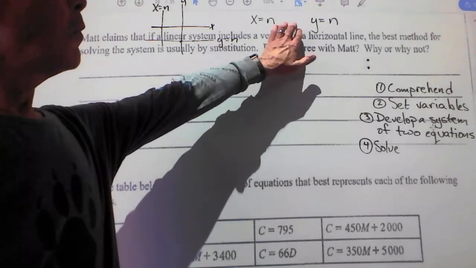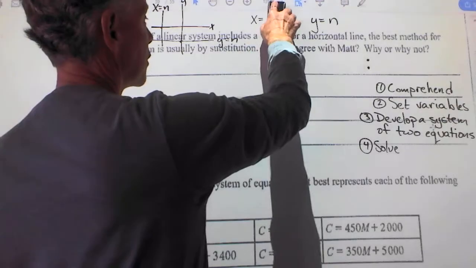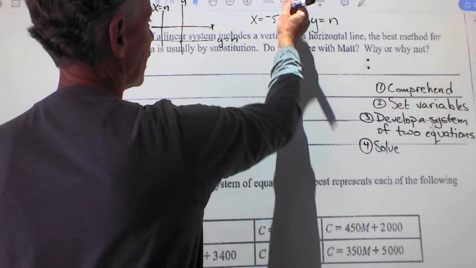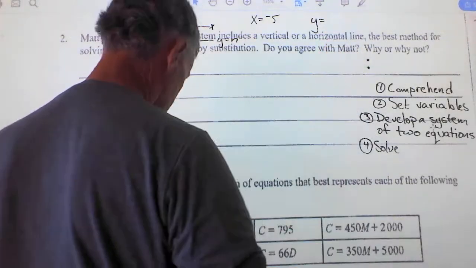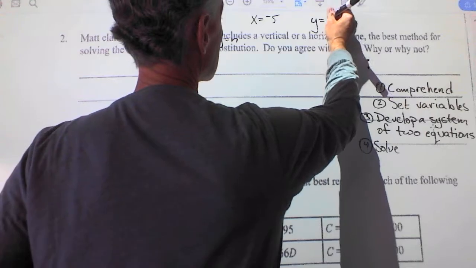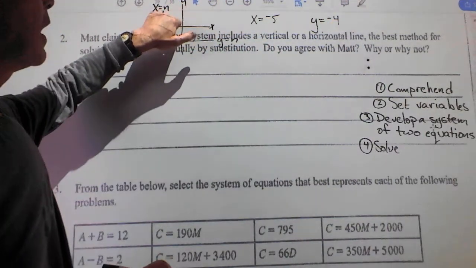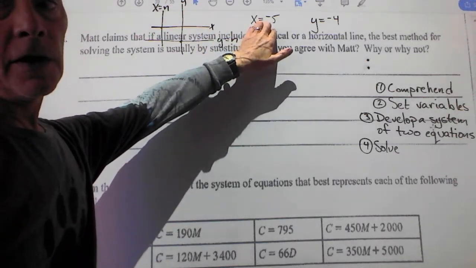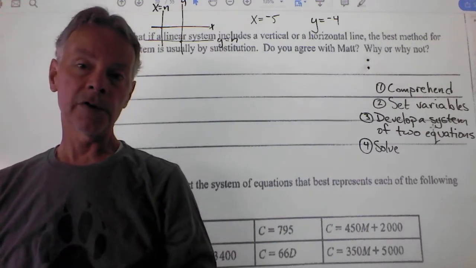Now, what these result in, and I'm just going to substitute a number for n. This looks like it's probably at about negative 5. My y looks like it's probably at about negative 4. Now, if you look at that, if one of your lines is a vertical line, you already know what the value for x is. So you've already got half of your solution before you've even started.